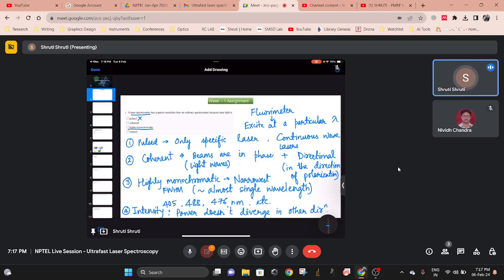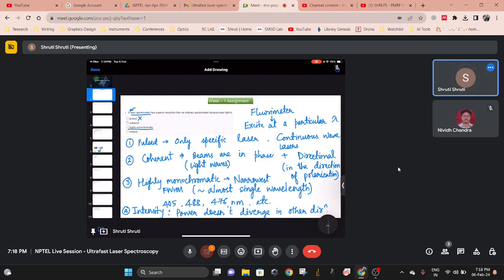That's why it is intense. Also, the full form of laser has the term amplification in it: light amplified by stimulated emission of radiation. The light travels many times in the cavity of the laser before coming out, so the intensity is more for lasers compared to ordinary light. This is also a good property regarding the spectrophotometer.